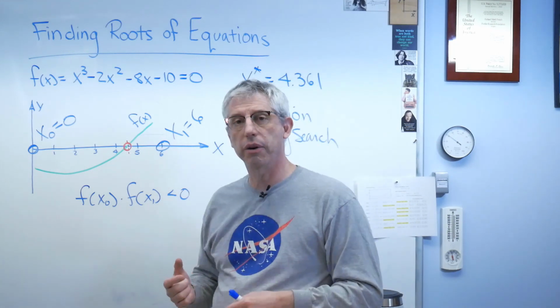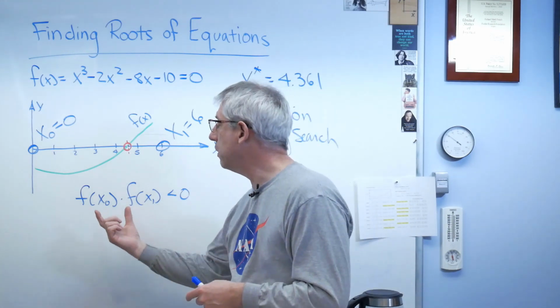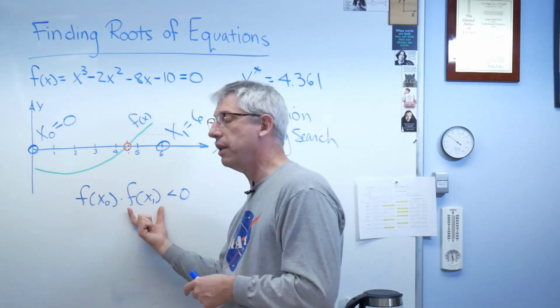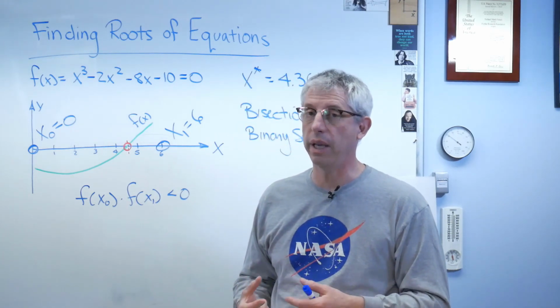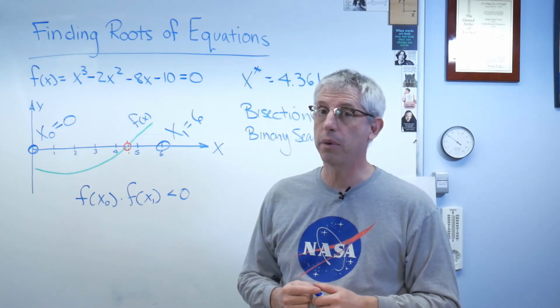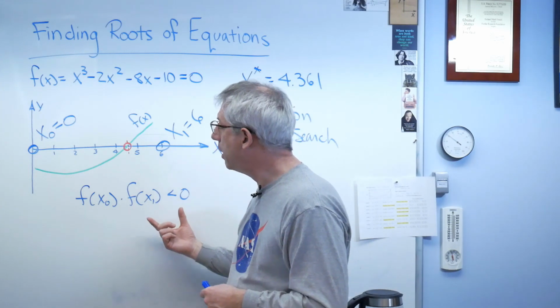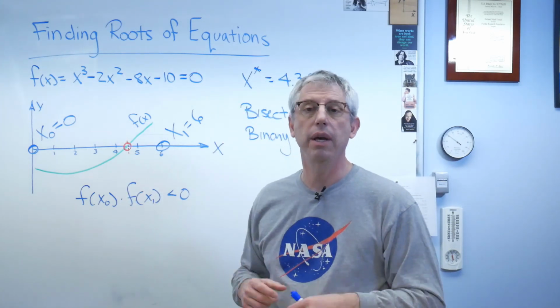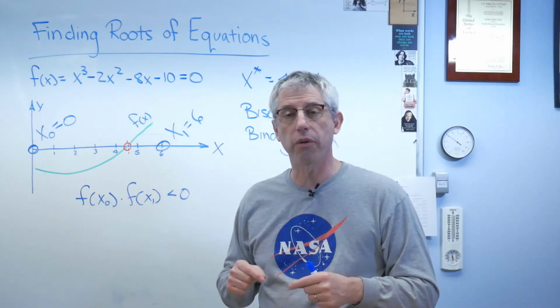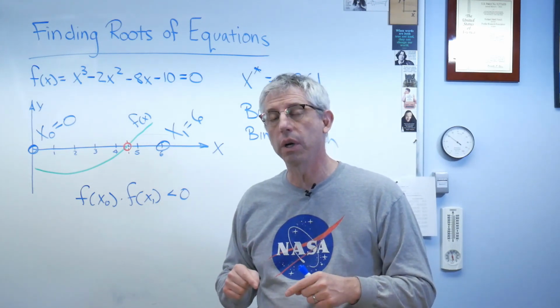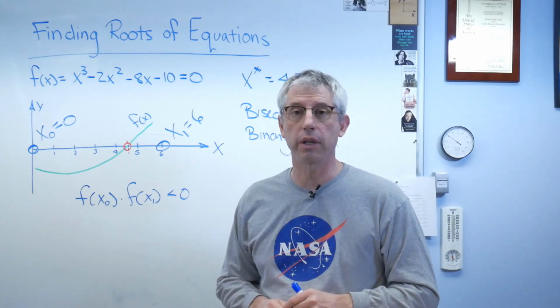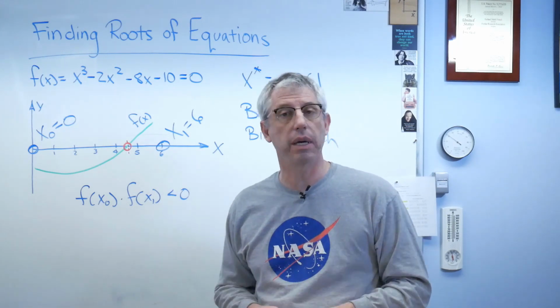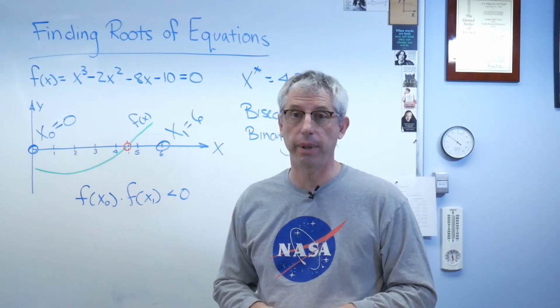We have those algorithms for the situations in which calculating that or calculating that is not cheap. It's expensive. It takes a long time, and computer time costs money. So we want efficient algorithms to find roots. That's what this is about. So when you look at root finding algorithms, they're trying to give you an answer in as few calculations as possible, because sometimes those calculations are lengthy and expensive.